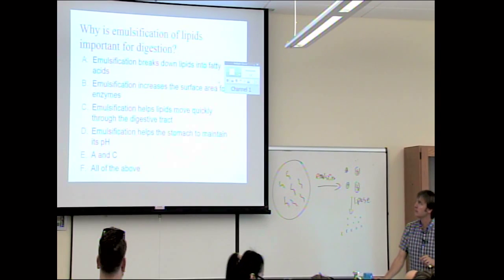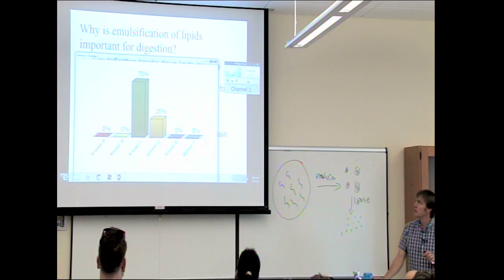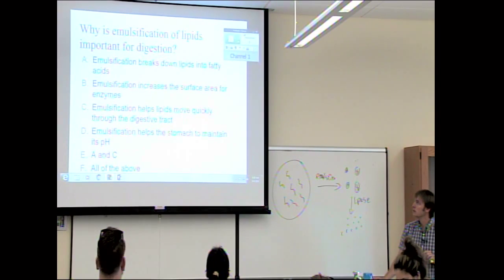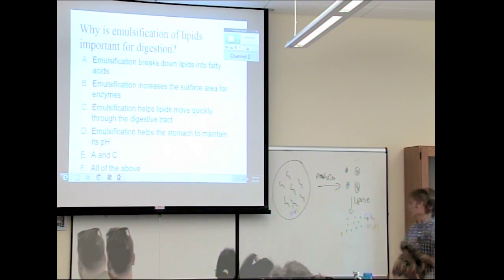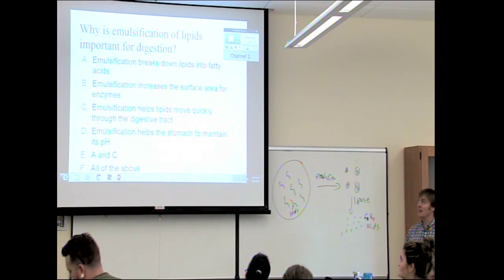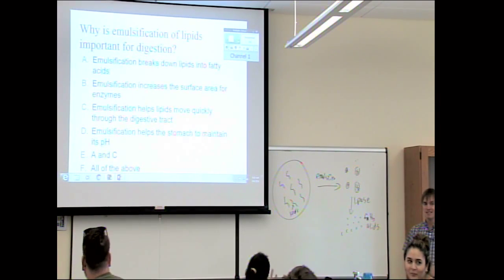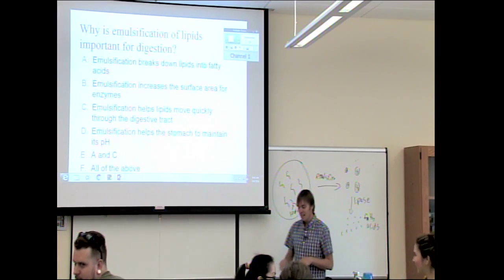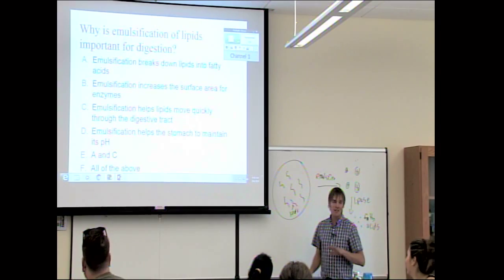All right. So why is it important to emulsify lipids? All right. So A, B, and E. So if you chose B, you'd be correct. And I don't know why this always confuses people.